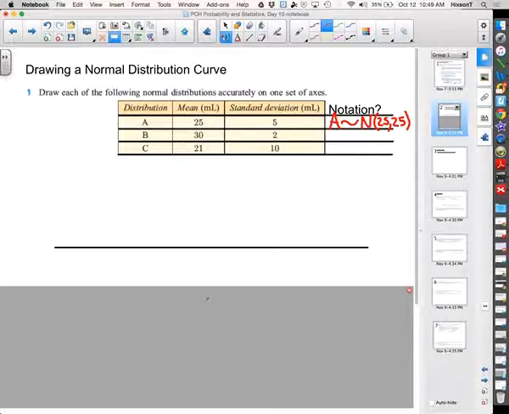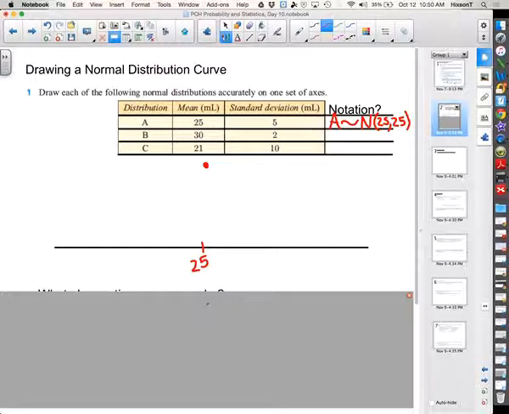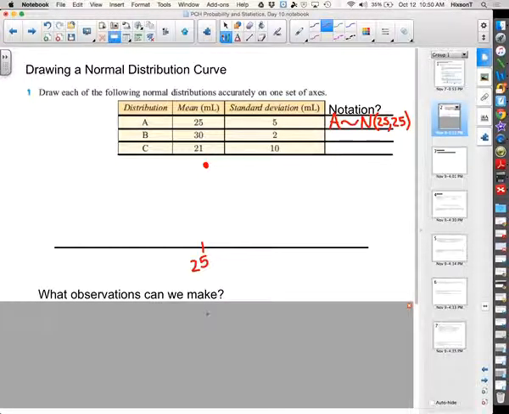Now let's look at how we would use this to construct a normal curve. First of all, that highest point on your normal curve is always going to be at your mean. Alright, so we're going to label 25 right here on a number line. Okay, or you could call it the x-axis.